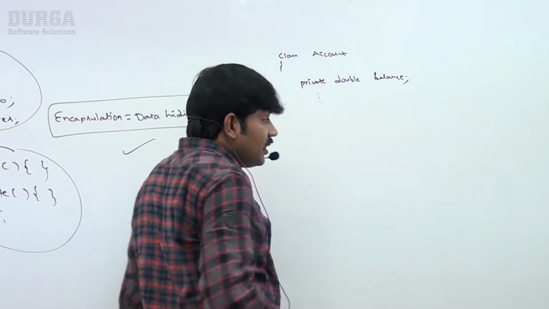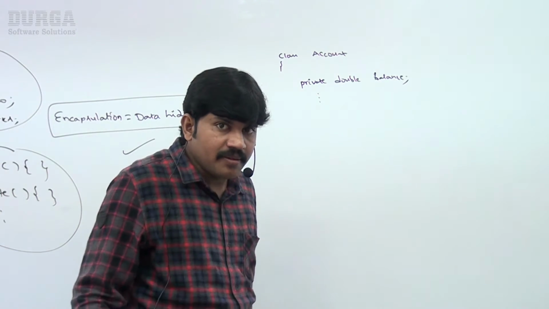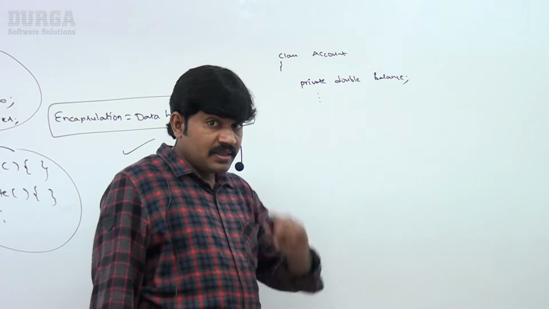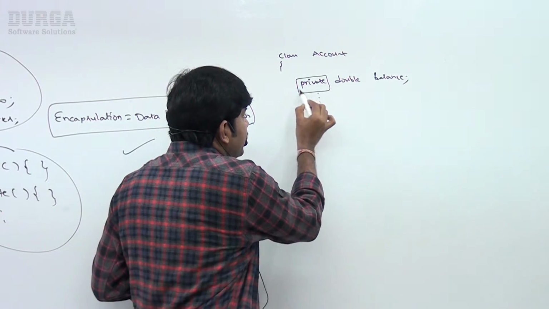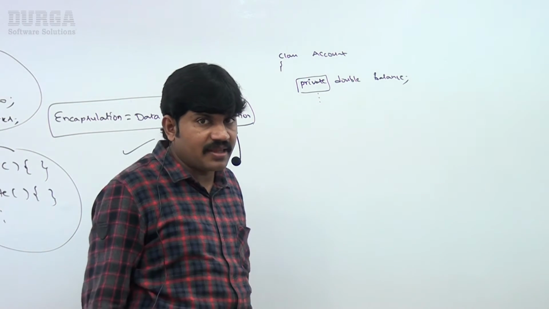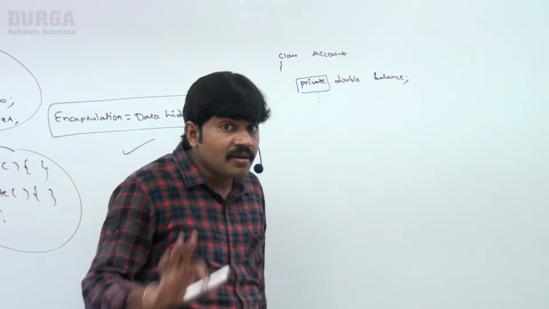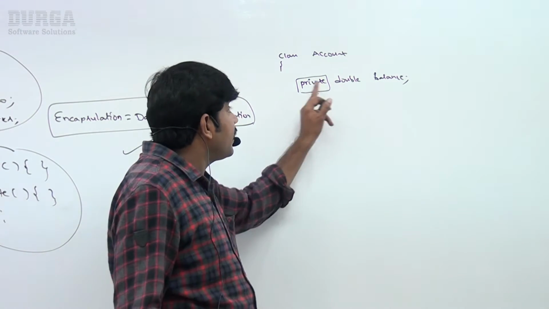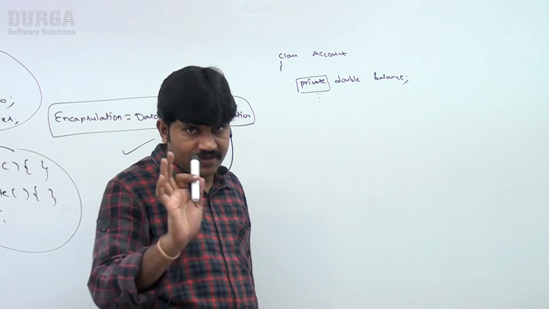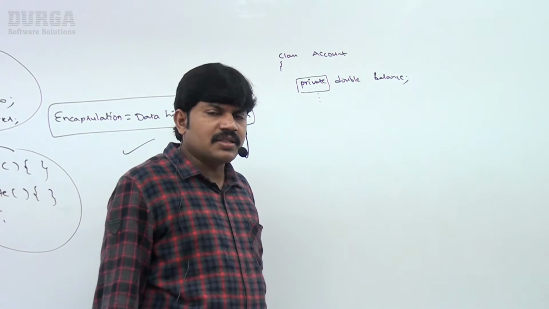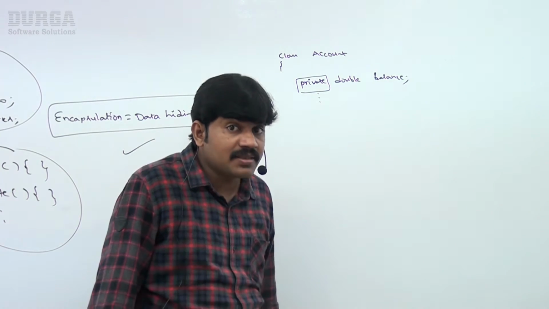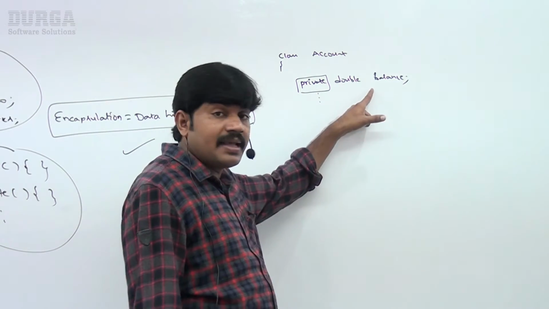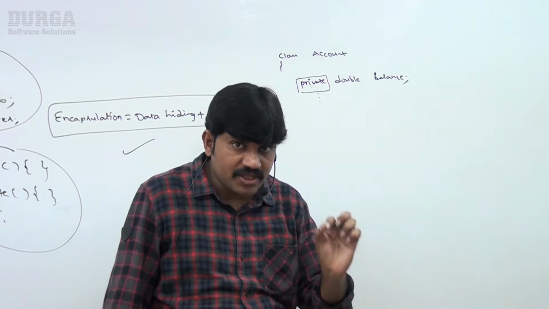Now this balance variable cannot be accessed directly by an outside person, because the reason is private. Remember this one, because the reason is private. An outside person can't access this data directly. That's why it is private. Okay, data hiding. Next, how can the outside person access it? Compulsorily we have to provide getter and setter methods for this variable.